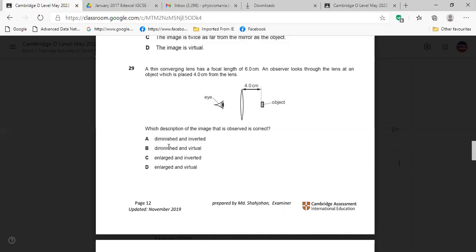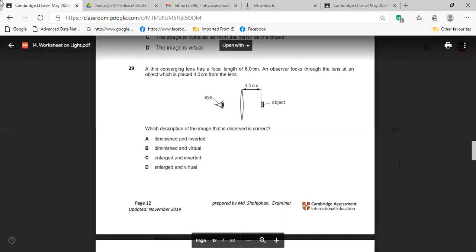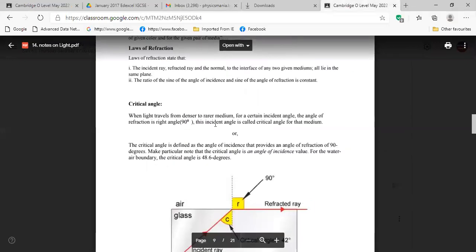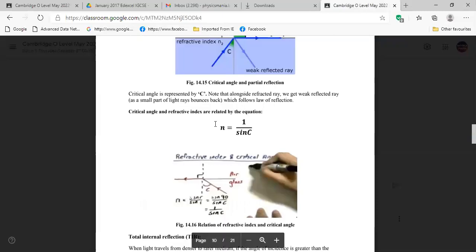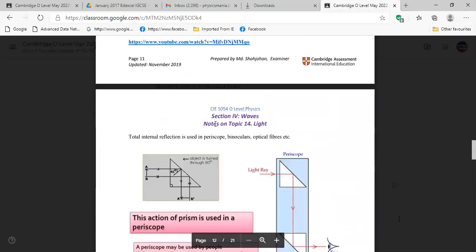I am saying to check from your notes. Look, I am going to the notes again. You have all these diagrams written in my notes.